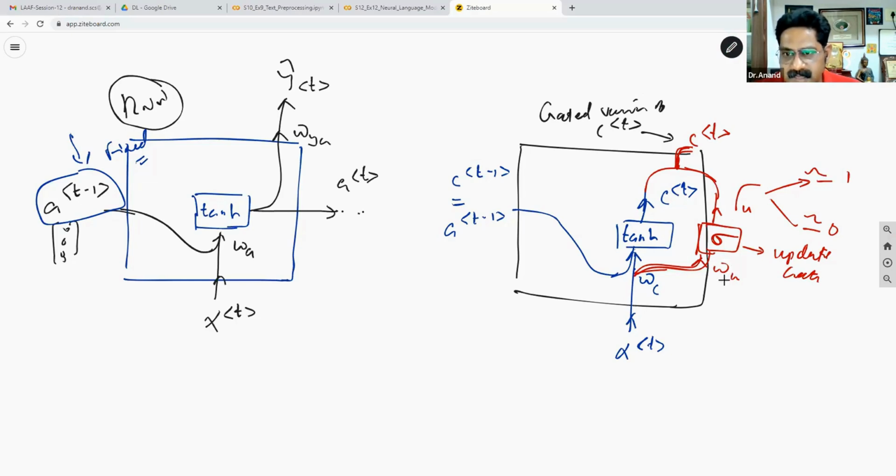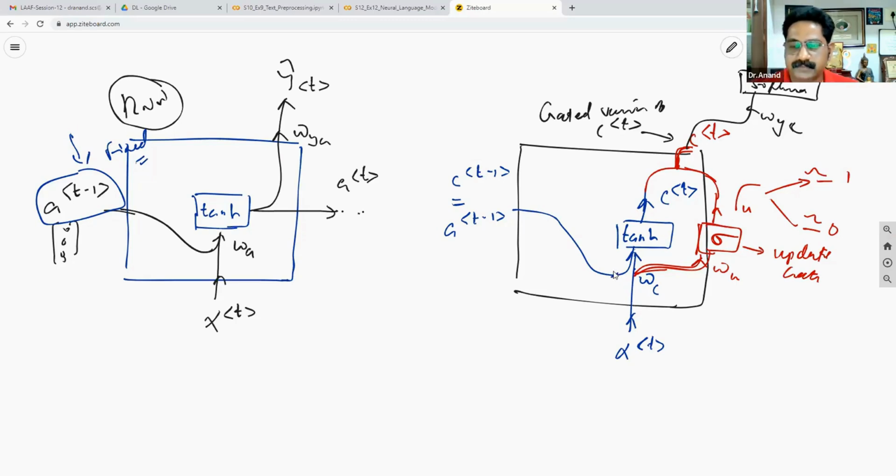So naturally your CT minus 1 is also being scaled effectively. And using the CT, finally the CT will go through the same process. The CT has to go through your output weight matrix WYC, and here we have a softmax to yield the final Y cap.